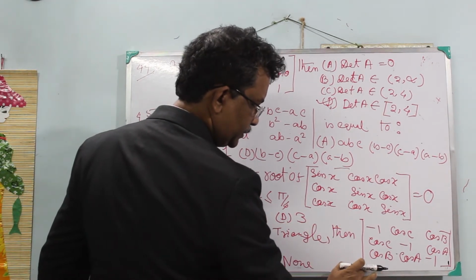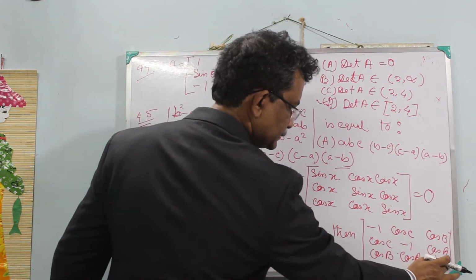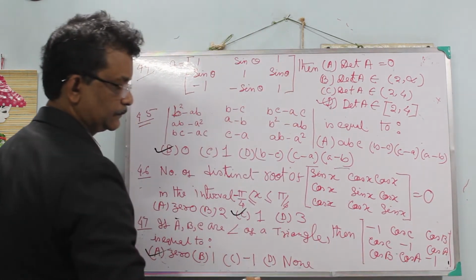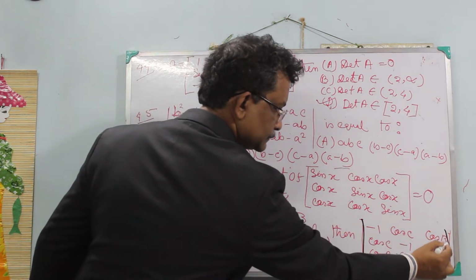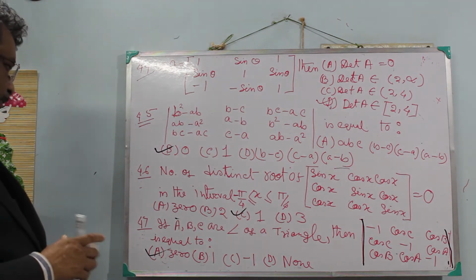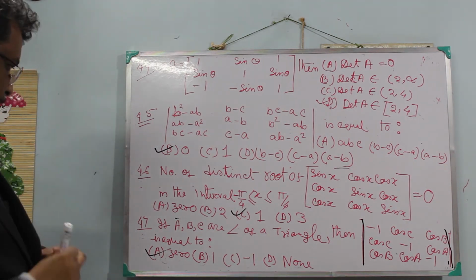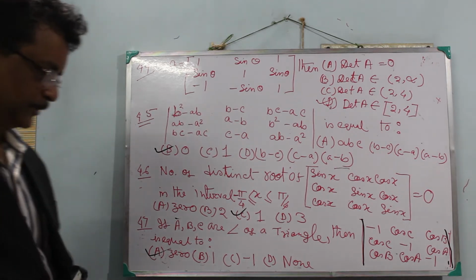This is a determinant, not a matrix. So the correct answer for 47 is A. So there is a space problem.